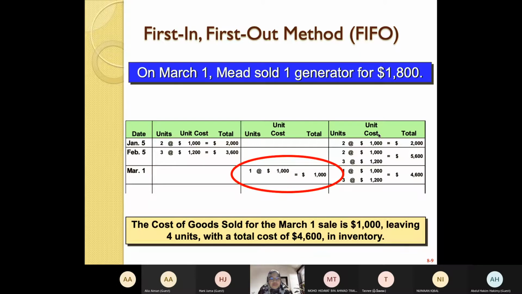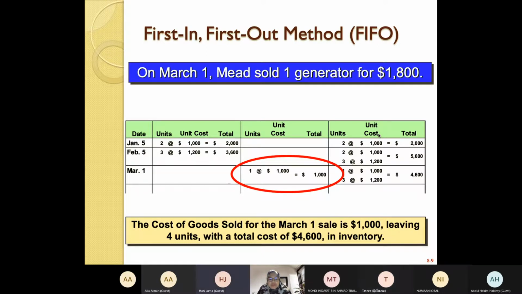On February 5th, you purchase another 3 units and each unit costs you 1,200. So the total purchases is 3,600. So as of February 5th, you have 2 units at 1,000 each and 3 units at 1,200 each. Understand?